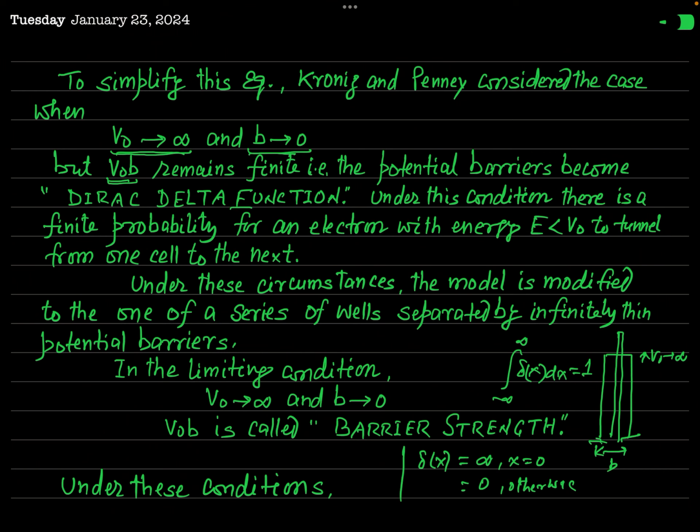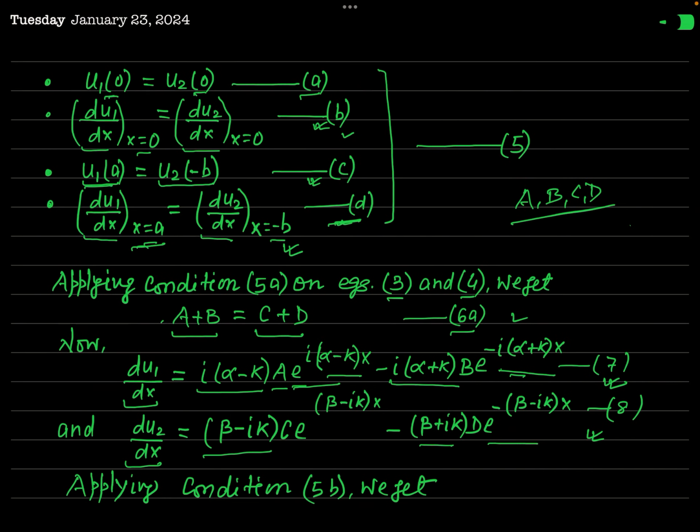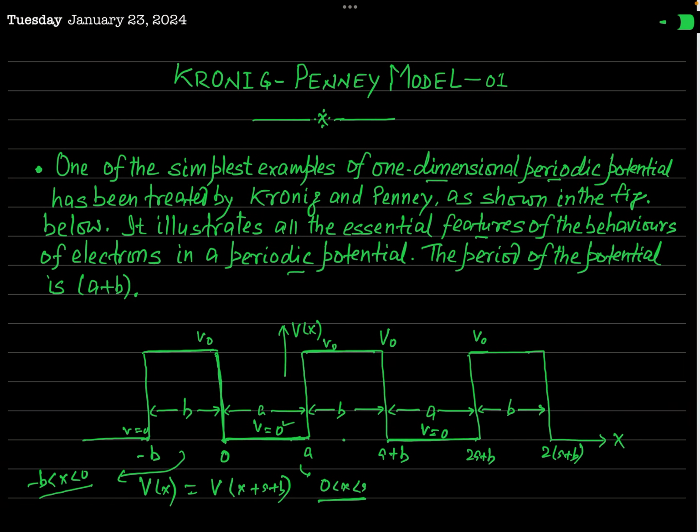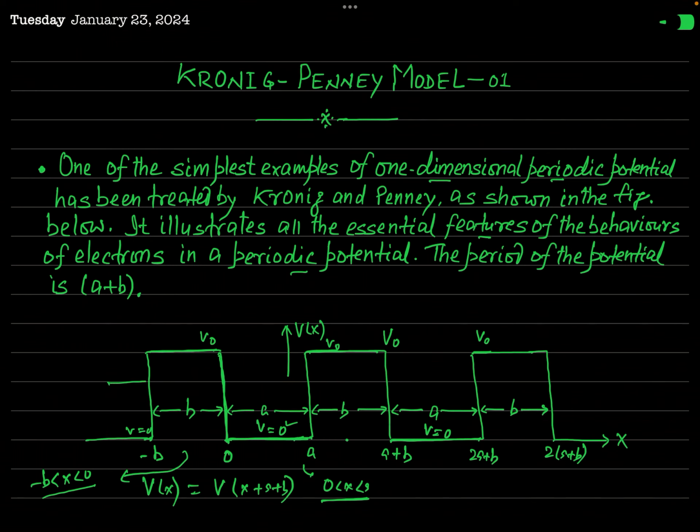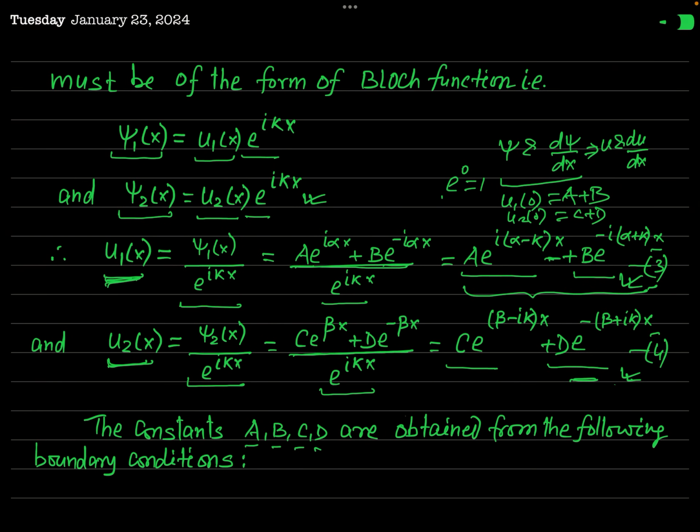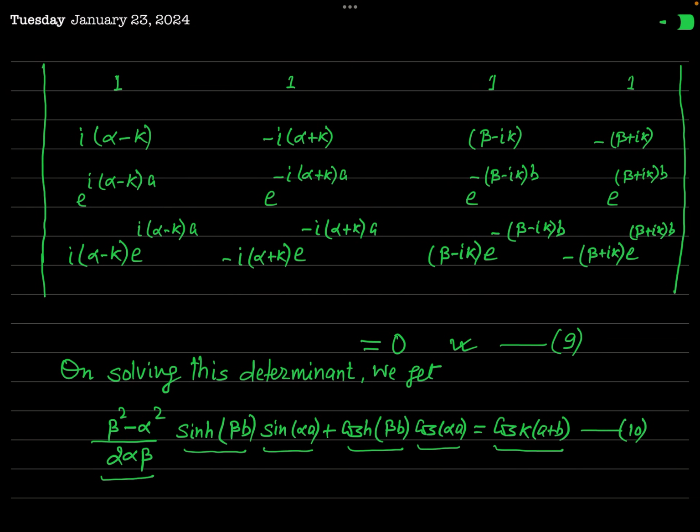In this situation, we can treat the barrier as a Dirac delta function, and there is a finite probability of an electron with energy E less than V naught to tunnel from one cell to the next. Even though E is less than V naught, when the width of the barrier is almost 0, there is a finite probability of the electron moving from one cell to another, so there will be propagation of the electron from one region to another.